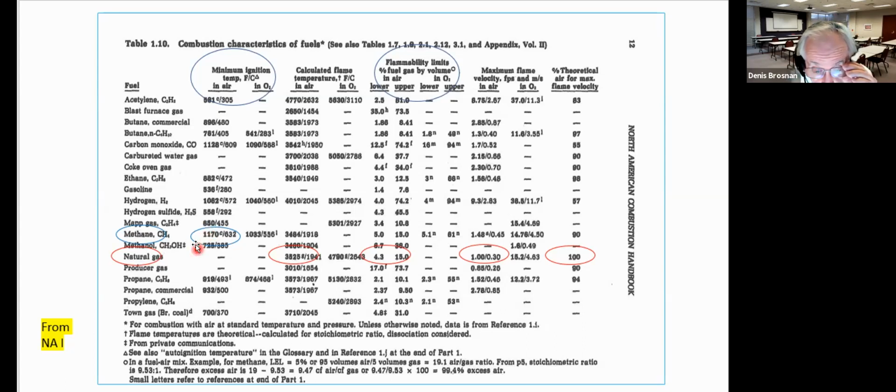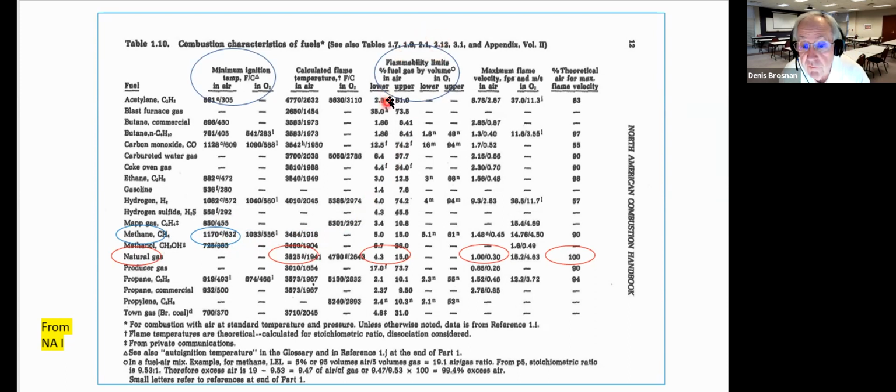Typically up here about 1170 degrees C. So that's the data for methane. For natural gas, I'd have to check this, I'm having trouble reading my screen right now, check the numbers, but you can look in the North American Combustion Handbook.